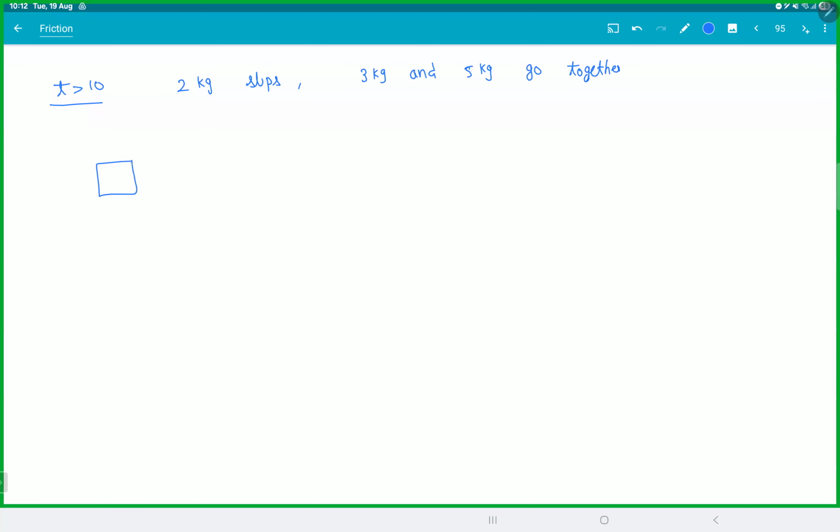So draw the FBD of the 2 kg. This friction has become maximum, which is 2 newtons. So the acceleration of the 2 kg will be 1 meter per second square. Then take the 3 kg and 5 kg together.